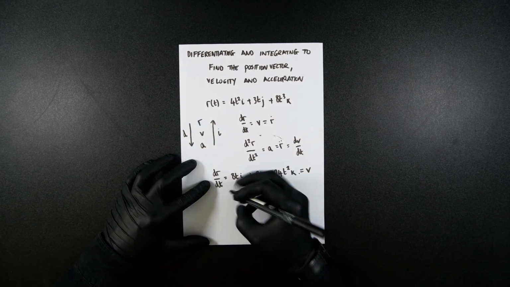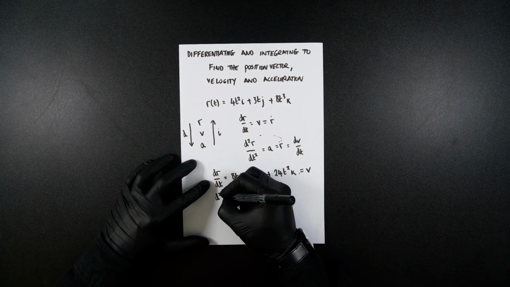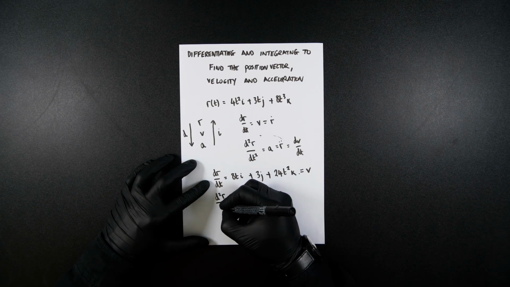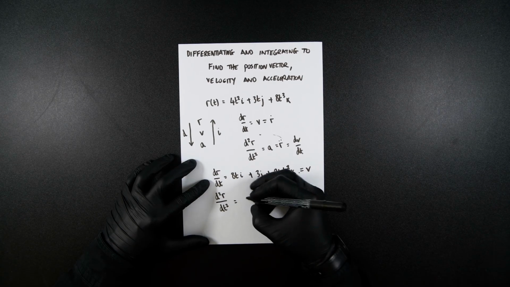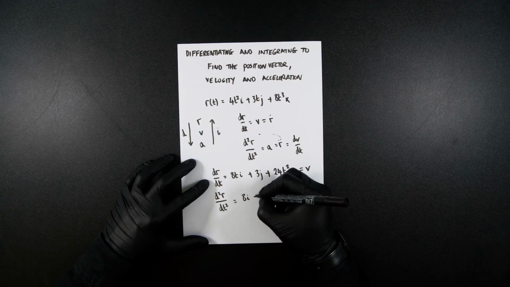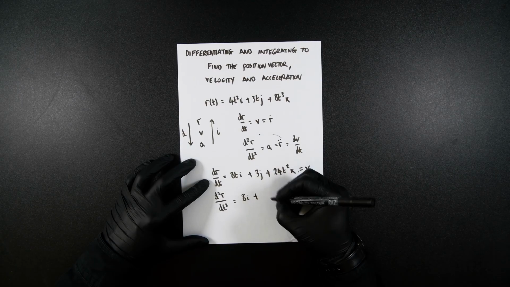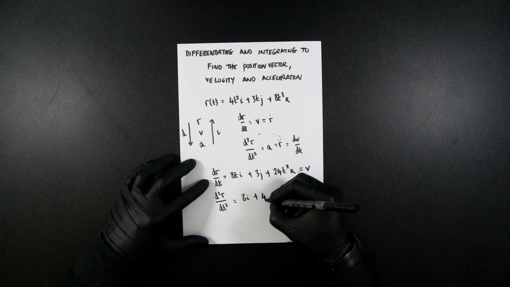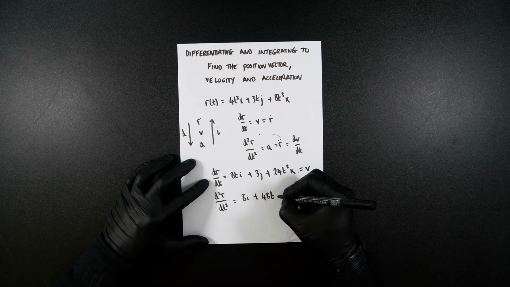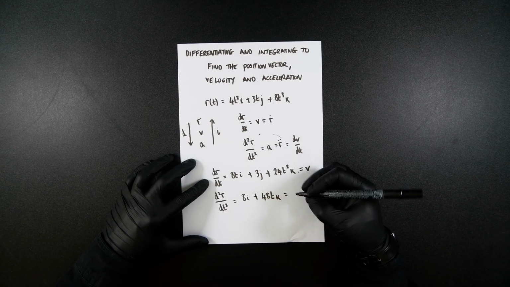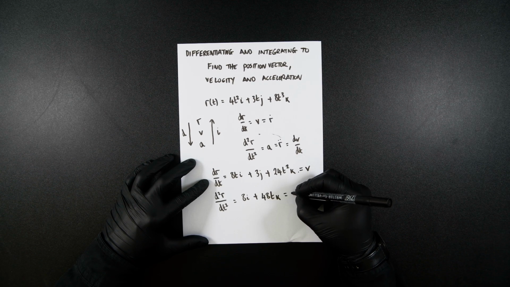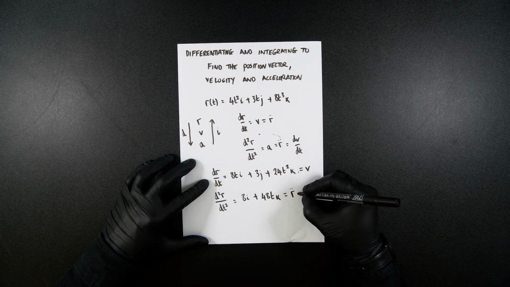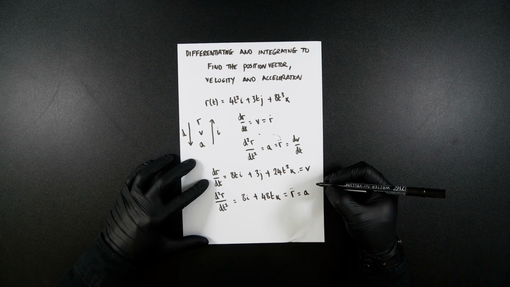If we differentiate this again, so d squared r/dt squared, you're going to get 8i plus, this is going to disappear, and that's going to be 48t k, which is going to equal r dot dot, which is the acceleration.